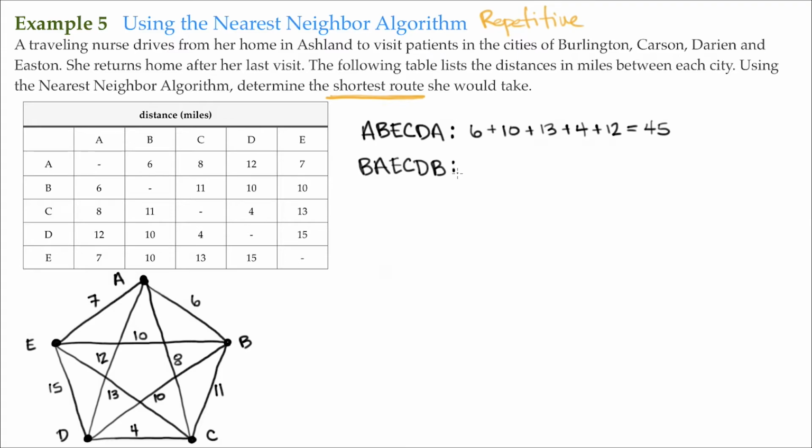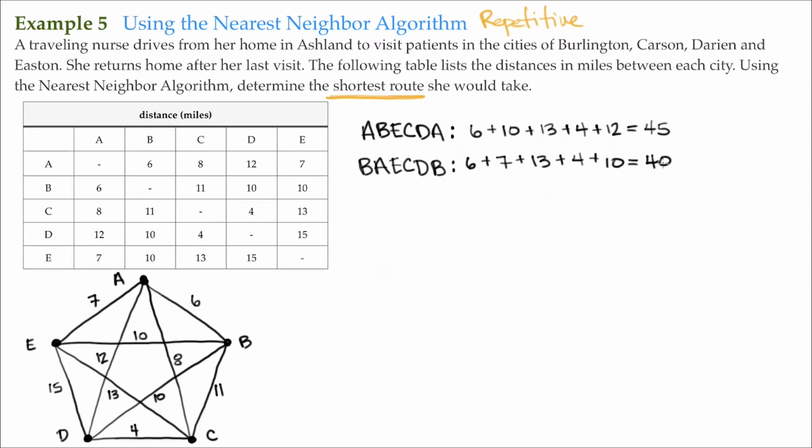And of course, we go ahead and we add up those distances, those weights. B to A, that's 6. A to E, that's 7. E to C, that's 13. C to D, that's 4. And then D back to B, that's 10. We go ahead and we tally all these up.